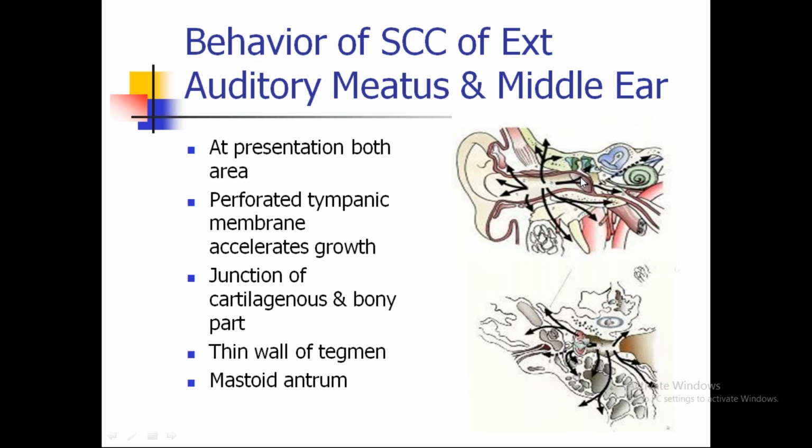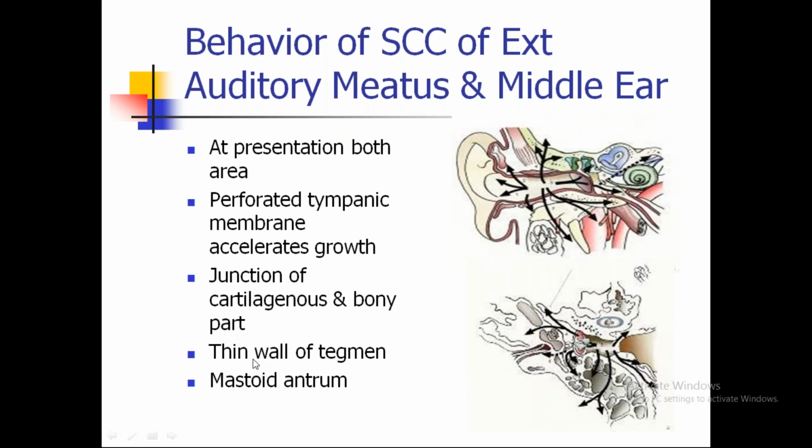Due to the perforation of the tympanic membrane, there is chronic suppurative otitis media, and due to the continuous infection of the middle ear, the external canal cells can also turn into a pre-malignant condition. When there is a perforated tympanic membrane, the growth will accelerate, and it will occur at the junction of the cartilaginous and the bony part. Generally, it will start at this junction.